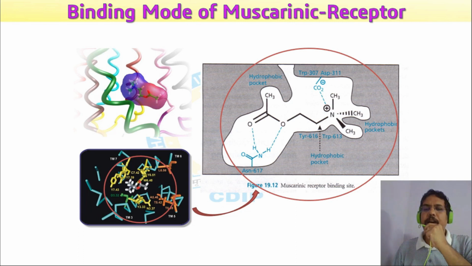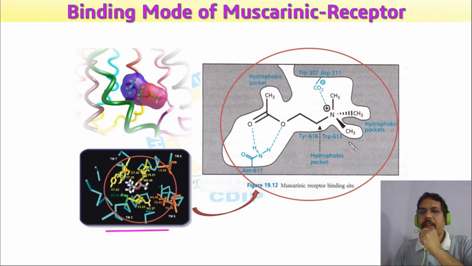If you look at the three-dimensional structure of the muscarinic receptor, then it looks like this one, where the different amino acids shown here are present on the active site, and this is the 2D representation of that active site.